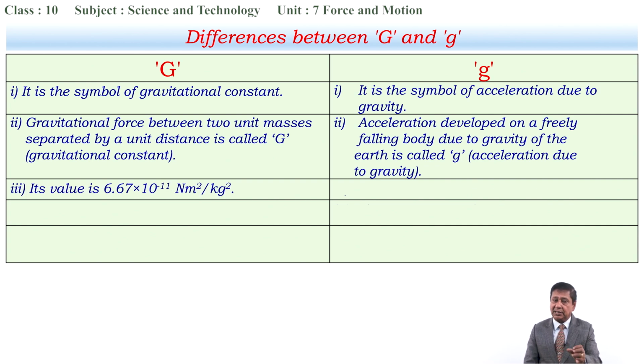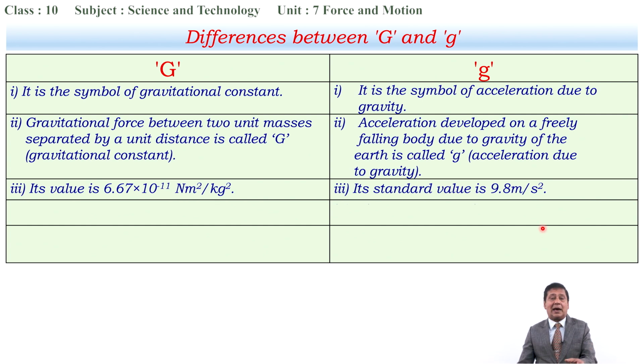Now third, we can differentiate them by their value. Its value is 6.67 into 10 to the power minus 11 Newton meter square per kg square. Value with units. Capital G is a constant and its value is this. But small g, its standard value is 9.8 meter per second square. This is one difference between capital G and small g.